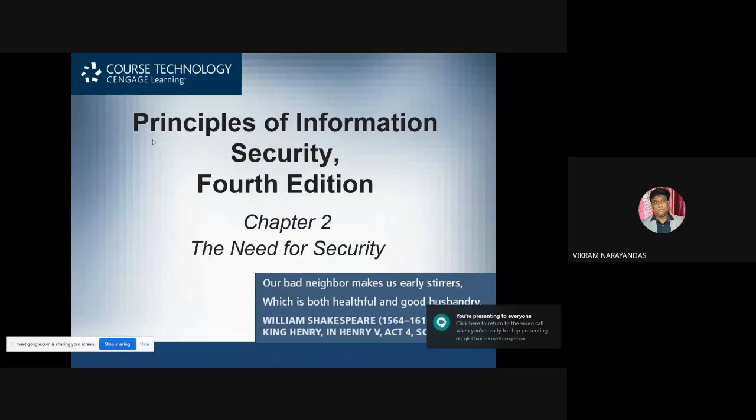So yesterday we discussed what is the need of security. We completed security professions and organizations, data ownership, as well as communities of interest. We also discussed why security is needed, business needs first.